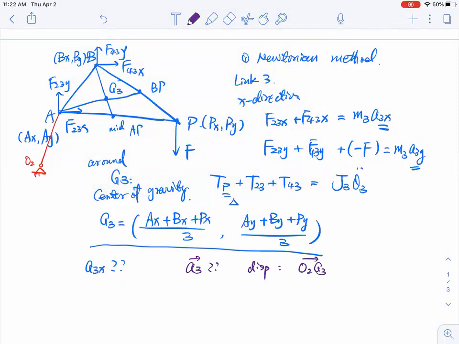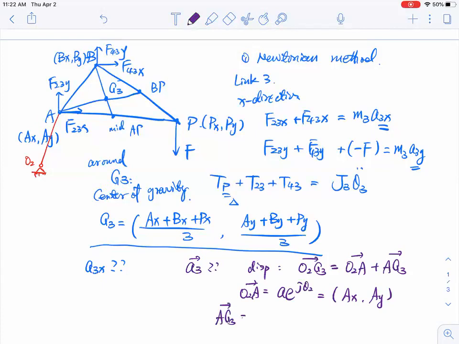And then it's really hard to get it in one shot, but then you can divide it into a summation. Make sense? And then your O2A you can write either using A e^{jθ2}, or you can write it as Ax and Ay, right? You can use the x and y components.